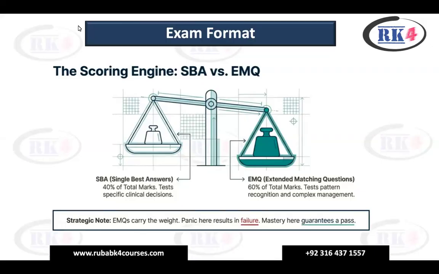So just looking at them and reading them is too much. It takes a lot of time. But the key is, when you read the extended matching question, just read the stem, read the question, think of an answer, or probably 2 or 3 answers, and look for that answer in the given options.